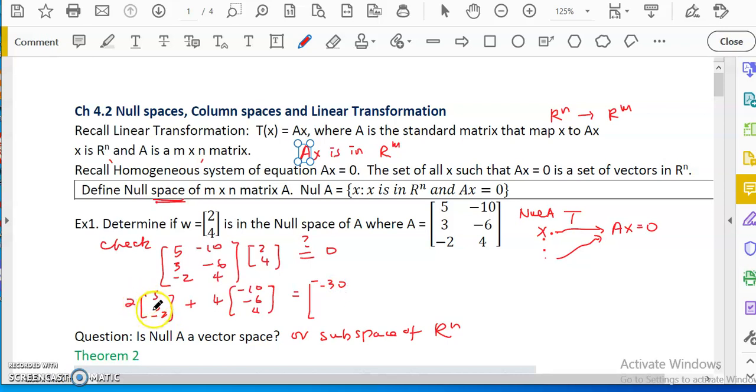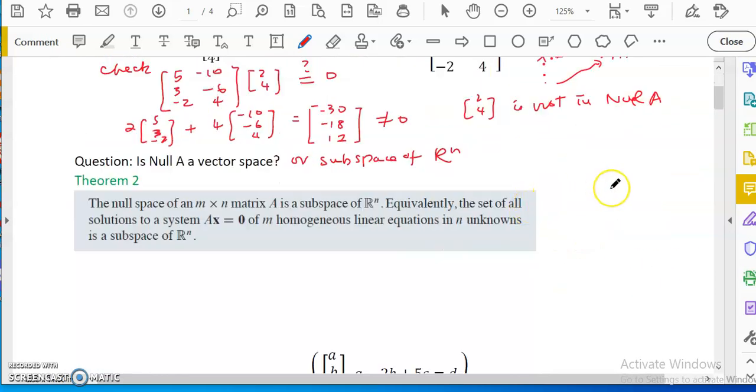And then 2 times 3 is 6, 6 minus 24 is negative 18. And then 2 times negative 2 is negative 4, and 4 times 4 is 16, so it is only 12. So it is not equal to 0. So this (2, 4) is not in null A.